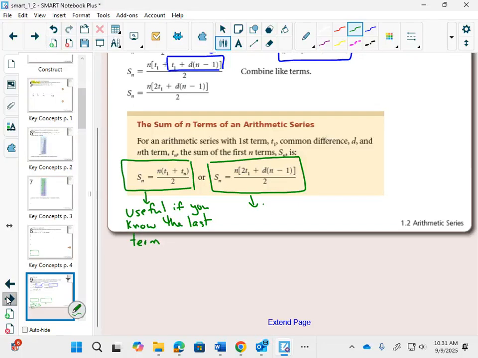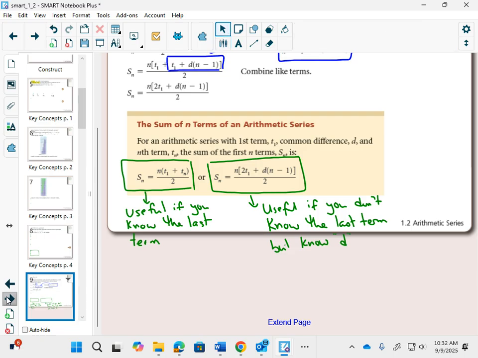And this one is useful if you don't know what the last term is, but you know what the common difference is, so that can be helpful.